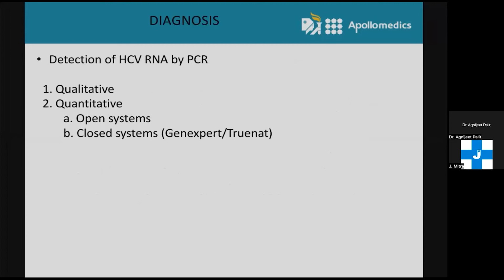If we see the HCV PCR quantitative, there are two types of systems available. One are the open systems and the other are the closed systems like the CBNAAT or the TrueNAT, which are becoming more and more popular nowadays because they are customized, tailor-made, and plug and play approaches. In fact, in our hospital, we ourselves use the closed systems.